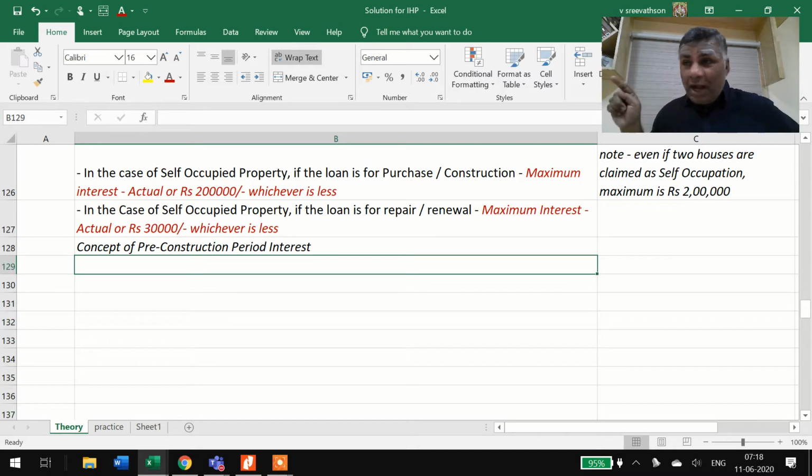Is the house property there? No, it's not there. It's under construction. So where is the question of claiming interest? You cannot claim that interest.